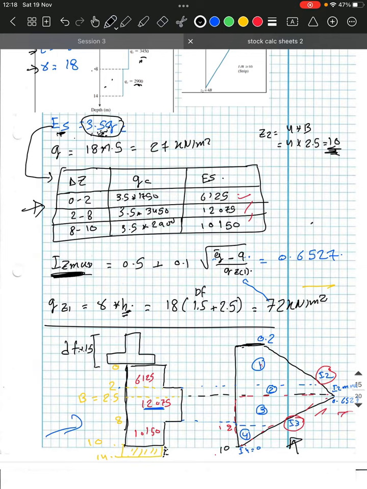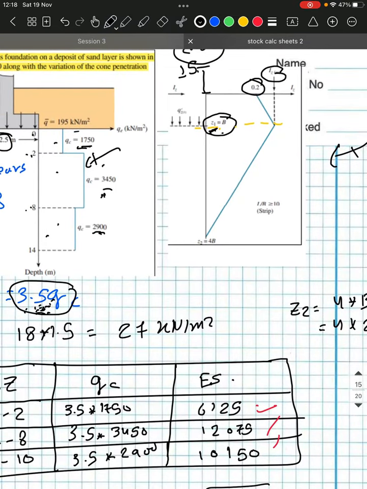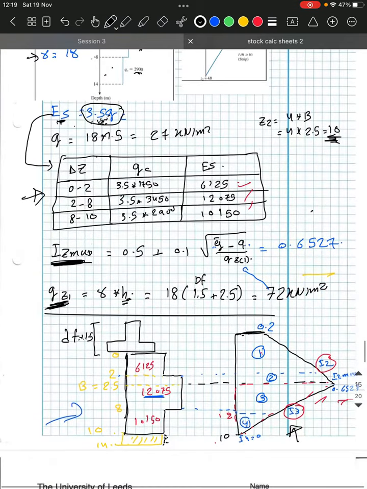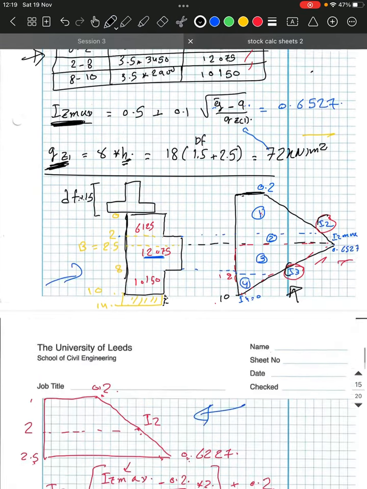So IZ max I have to get, but I do not have the depth of the IZ max. Given in the definition here that Z1, which corresponds to IZ max, which is here, is Z equals B. So now I have only to get the other values, I2 and I3.